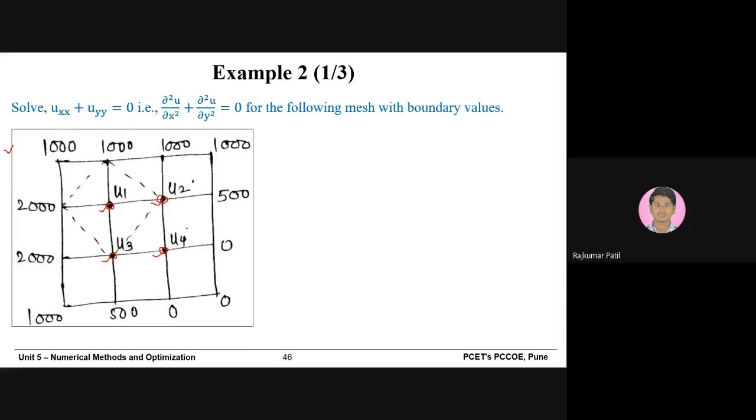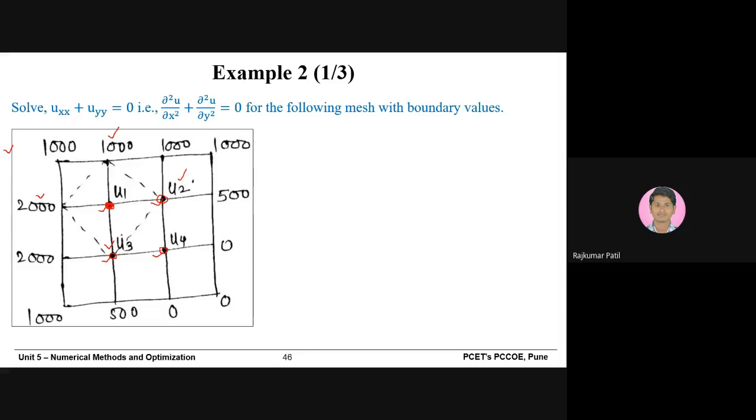For example, if you go with u1 and apply the standard 5-point formula, then u1 = 1/4 into (1000 plus 2000 plus u3 plus u2). So you can see in this equation there are two unknowns, u2 and u3. So directly you cannot use the standard 5-point formula.